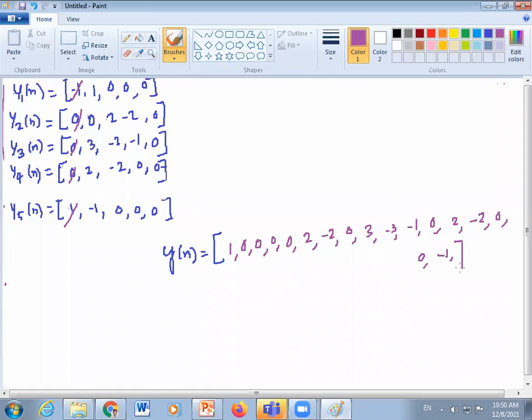So no need to write the further zero values. How many samples do we have in total here? Is it the same as our previous answer? Yes sir, it is 17 and this is the same as our previous answer.